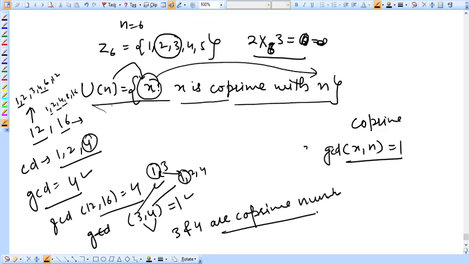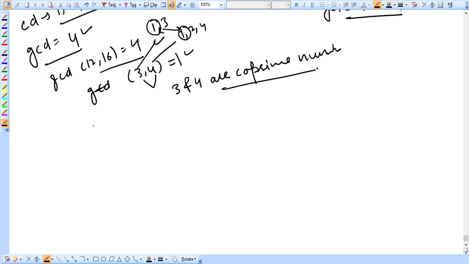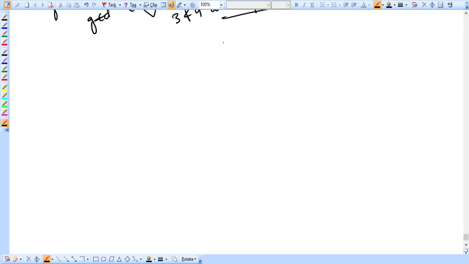This is also called the modular group. So Un is equal to all the elements x such that GCD of x and n is equal to 1.